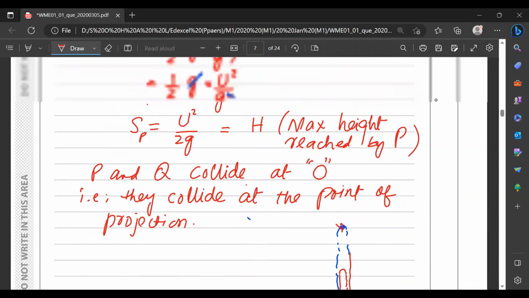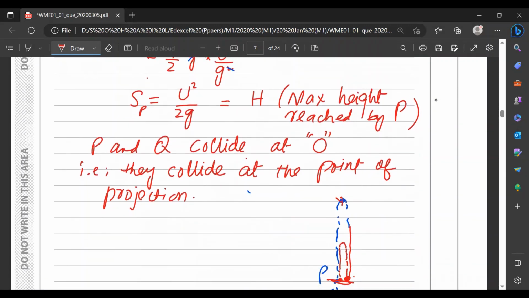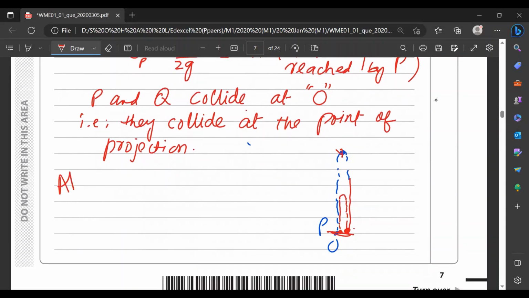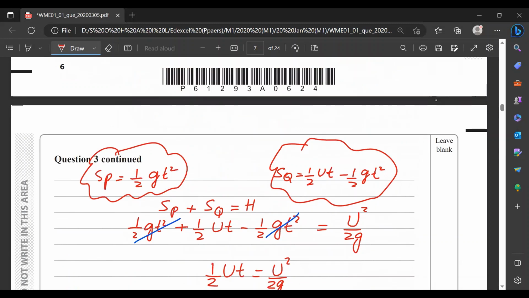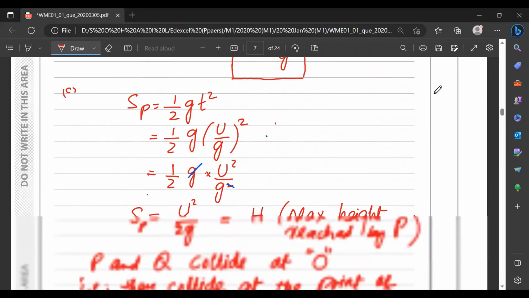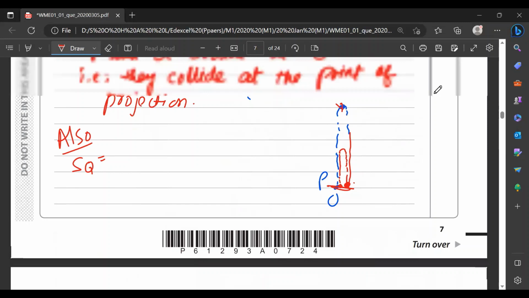Also, for the understanding, you can find SQ. SQ is half UT minus half GT square.